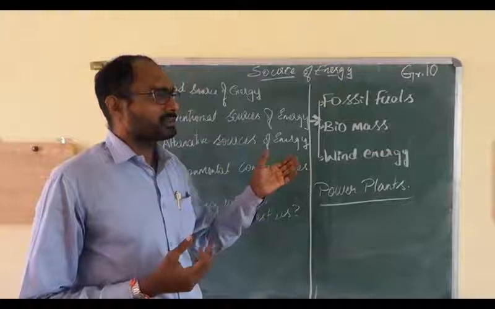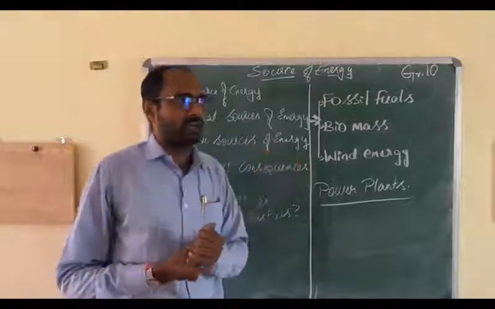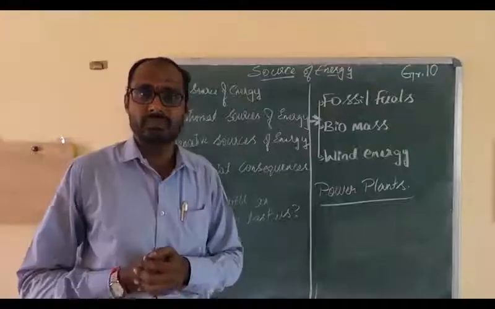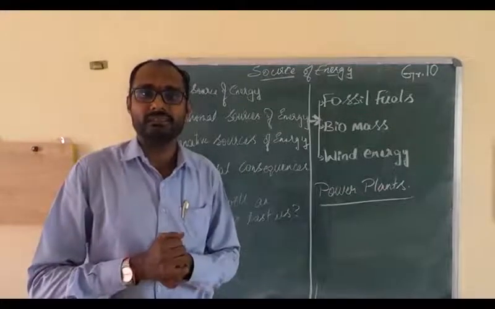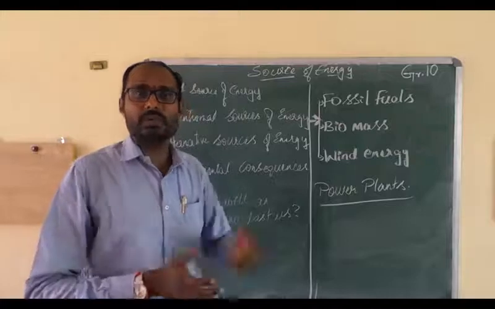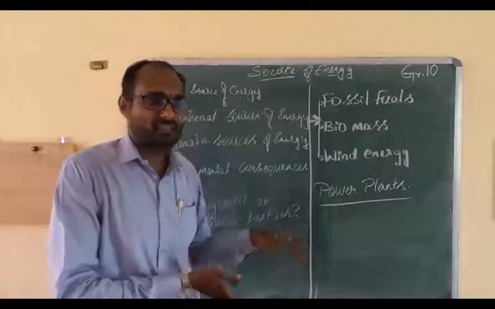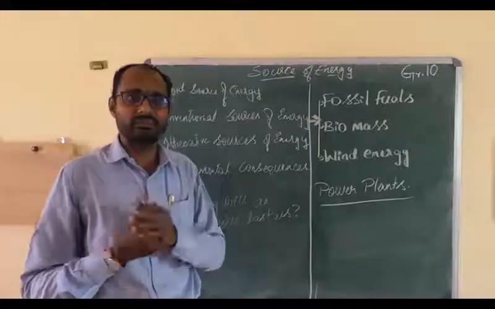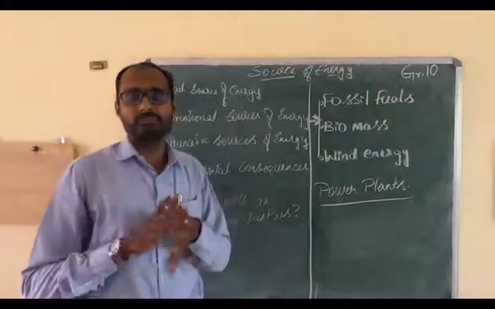Now, coming to the other power plant, say the hydroelectric project. In that, what is happening? Here, we allow the water to run from a great height. If there is a river, perennial or even a normal river, we can construct a dam.